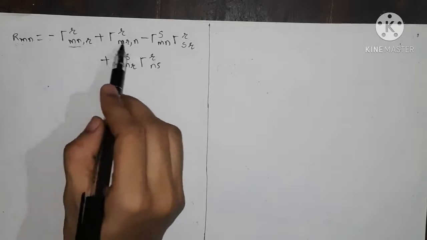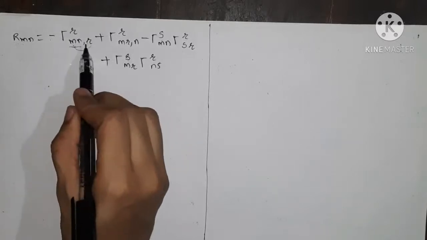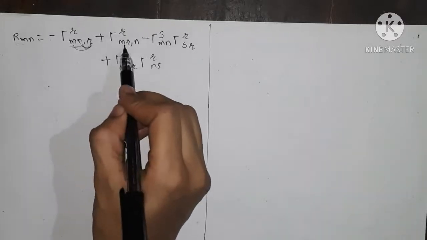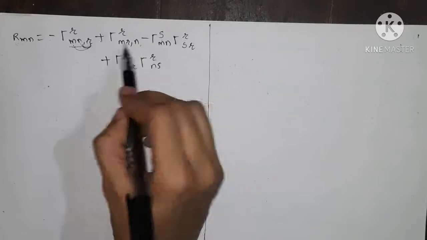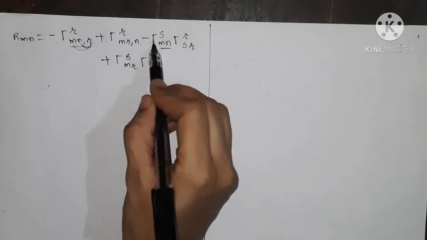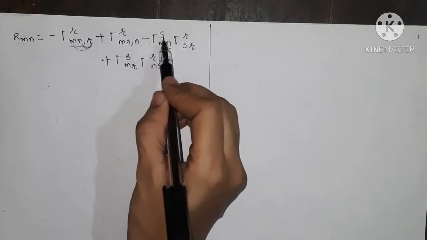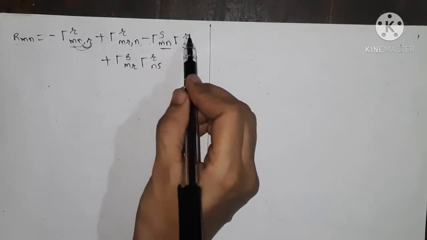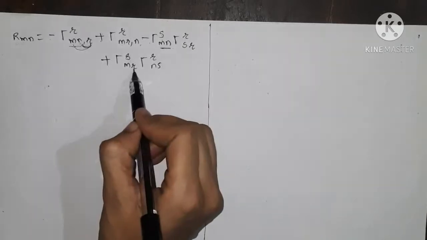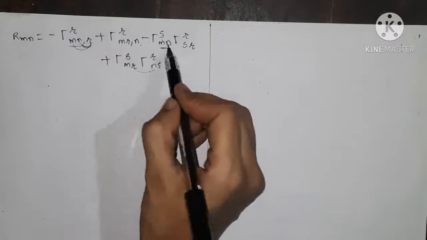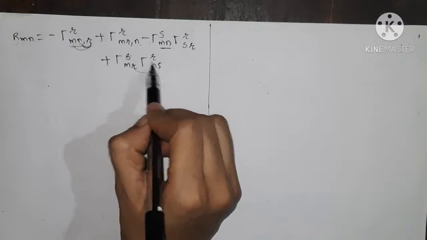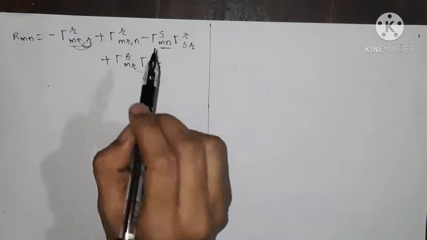We have the plus sign when we interchange n and r, giving gamma of r mr comma n. We have the minus sign when we have the same order, mn, with s as the dummy suffix in the product, r sr. And plus when we interchange n and r again, with s as the dummy suffix, and in the product r ns. You have to remember this expression.